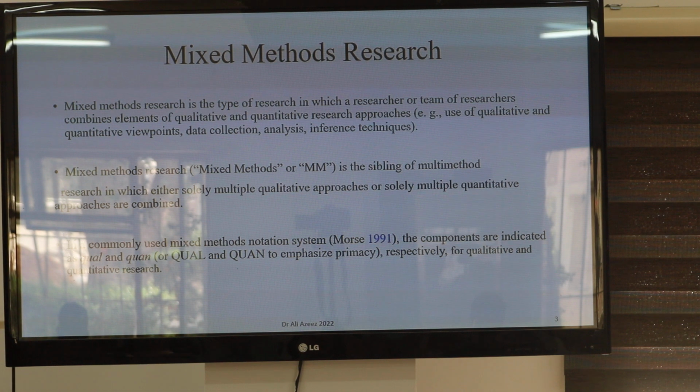So the challenge is now you need to understand the qualitative before we go to the mixed method. But for today, for the sake of time, we will go over the qualitative quickly, and hopefully in the coming weeks we can discuss the qualitative in more depth because it's really an independent method.